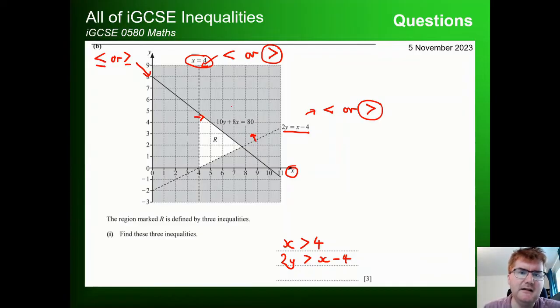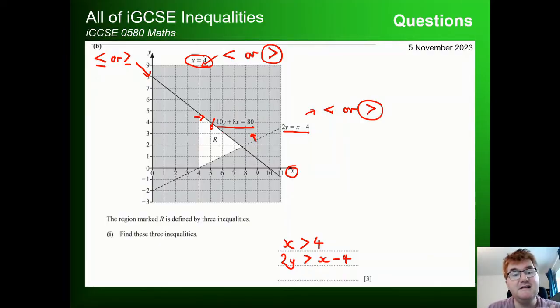Now let's look at our last equation here, so this more complicated looking one. Notice we have a fixed line, so a completely fixed line all the way through, not dotted. Therefore, we're using one of these two symbols, less than or equal to or greater than or equal to. Notice we want to go downwards to go into the region, so are our numbers getting bigger or smaller?